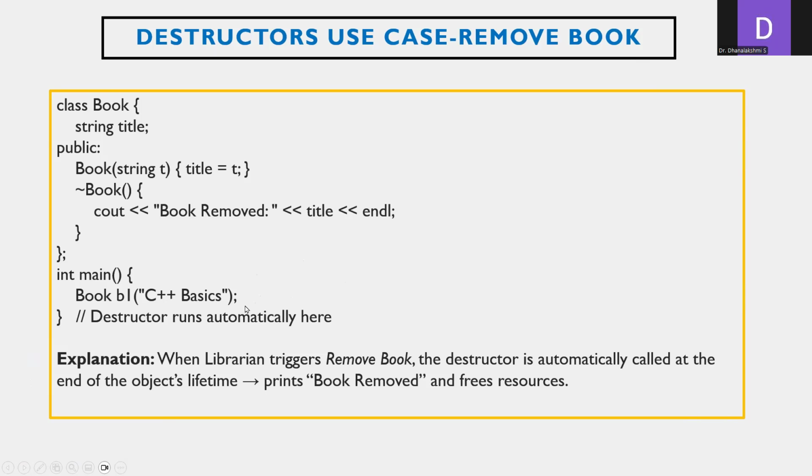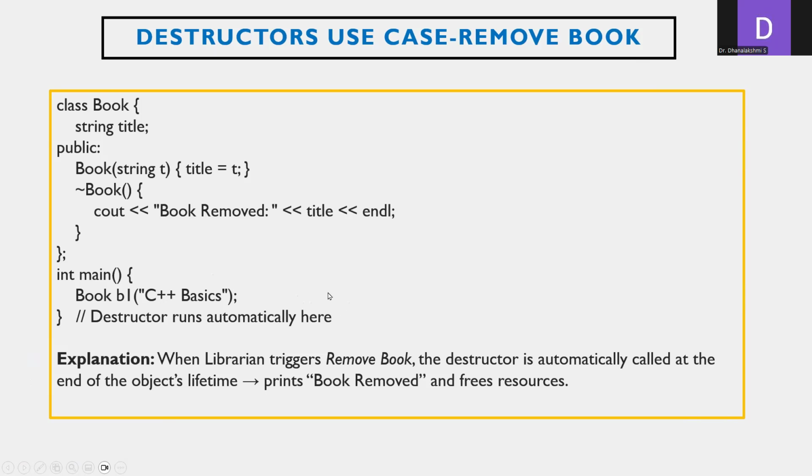Coming to the main function, the statement book B1 within brackets C++ basics creates an object. The constructor runs immediately and the title C++ basics is stored in the title variable. After the program finishes executing the main function, the object B1 goes out of scope and is no longer required. At this moment, the destructor is called automatically.